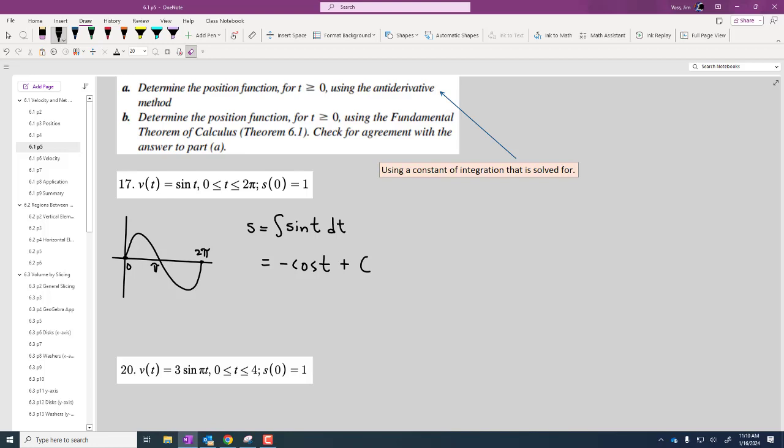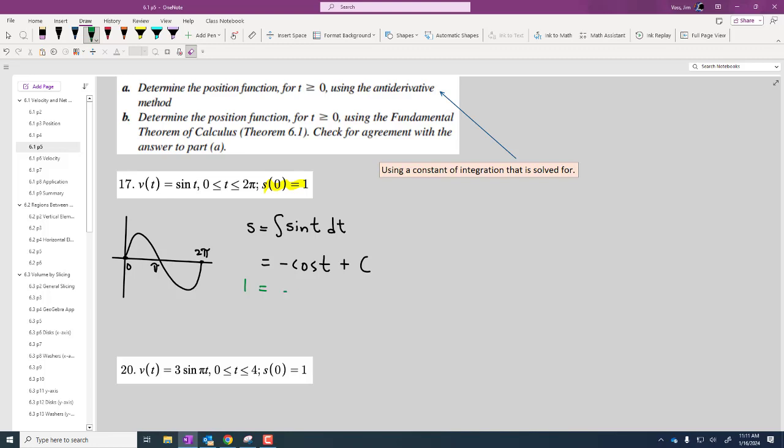Okay, so now we have position, but we don't have the constant resolved yet. So we have to resolve the constant. We use some sort of initial value that's given. They tell us that S of 0 is 1. They tell us the initial position is 1. So we come down here and say, okay, S of 0 is 1, so the position is 1 when the time value is 0.